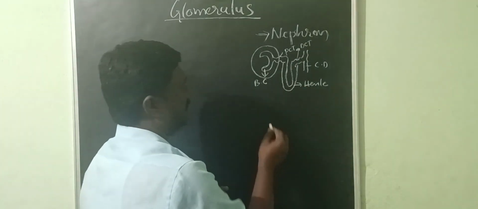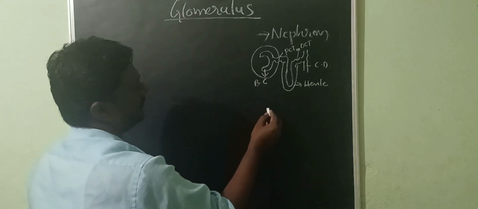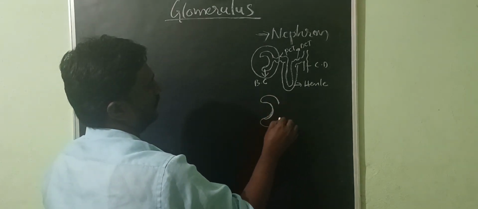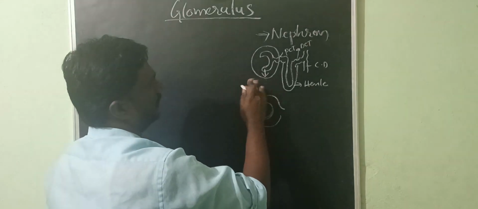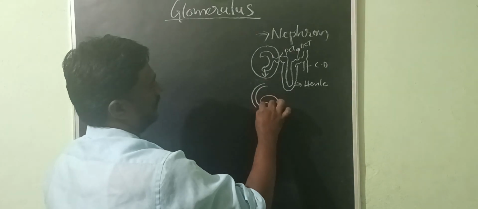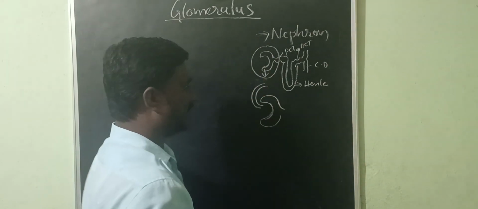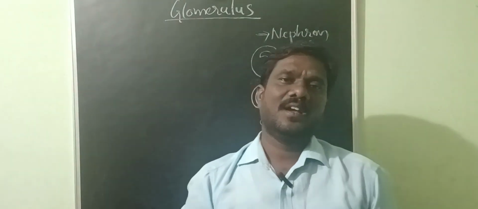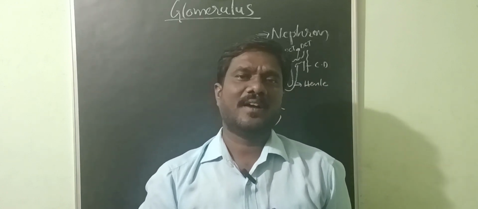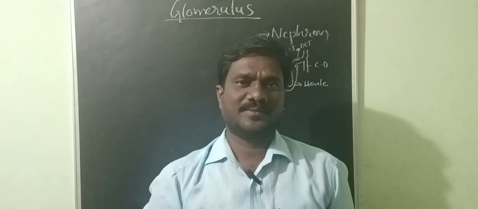Before this, the kidney receives oxygen by the renal artery.